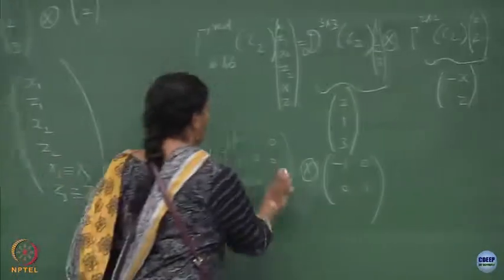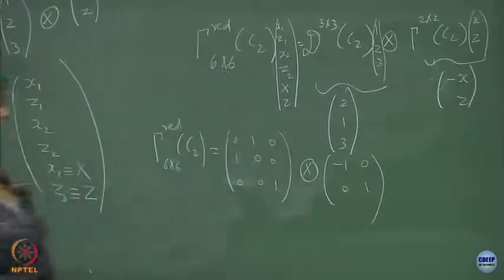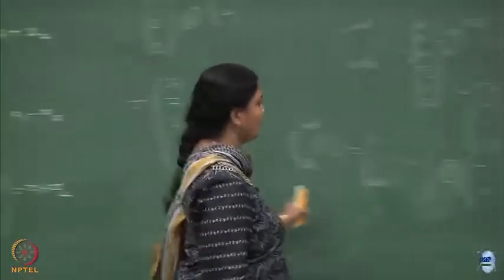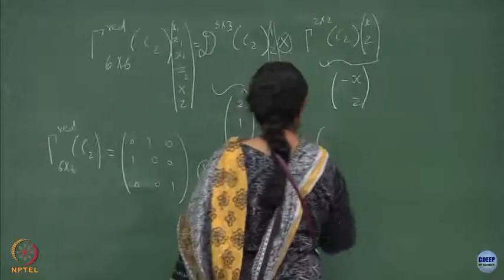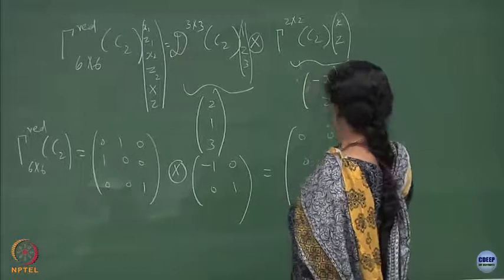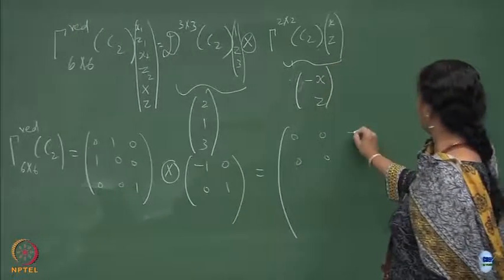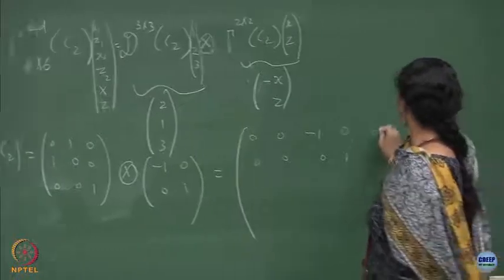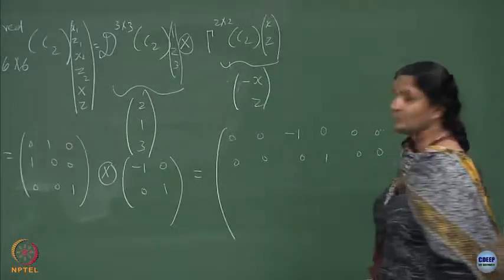Yeah, thank you. Yeah. So now you multiply and write the 6 cross 6 matrix. The first is this, then you have a minus 1 0 0 1, 0 0.